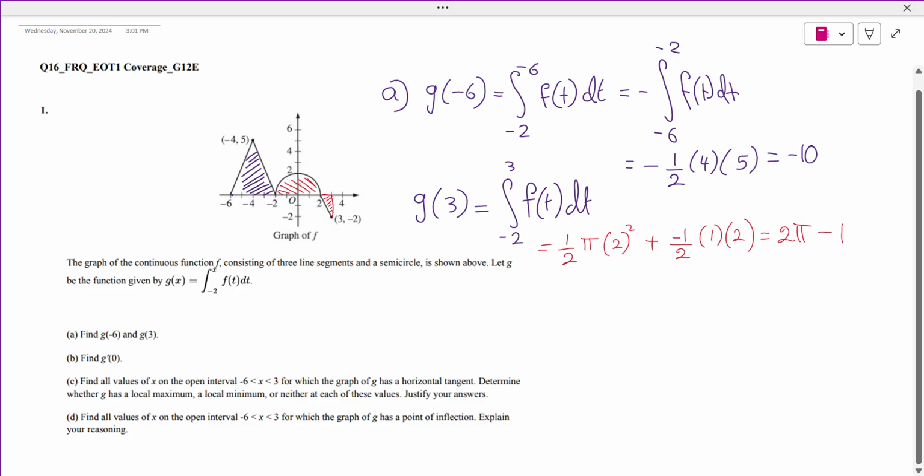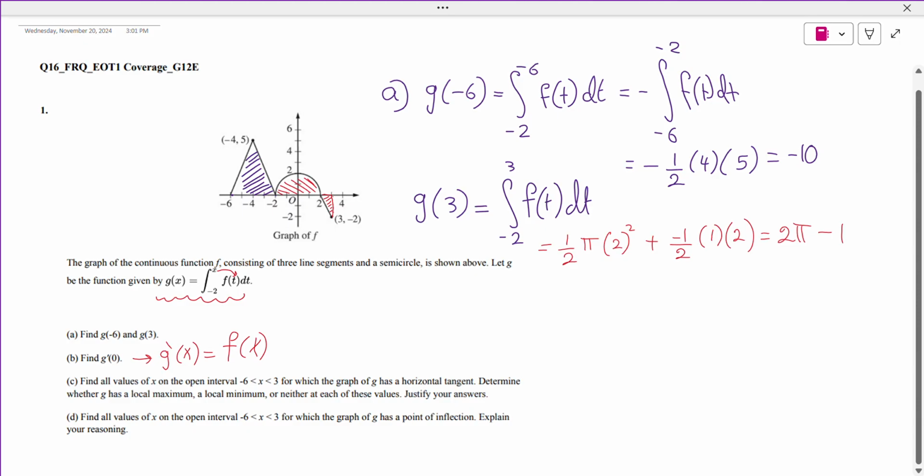Now, if you look at part B, part B says find g prime of 0. You need to find g prime of x first by differentiating this function. Differentiating this function gives you g prime of x equals f of x. This x goes in here and the integral cancels.